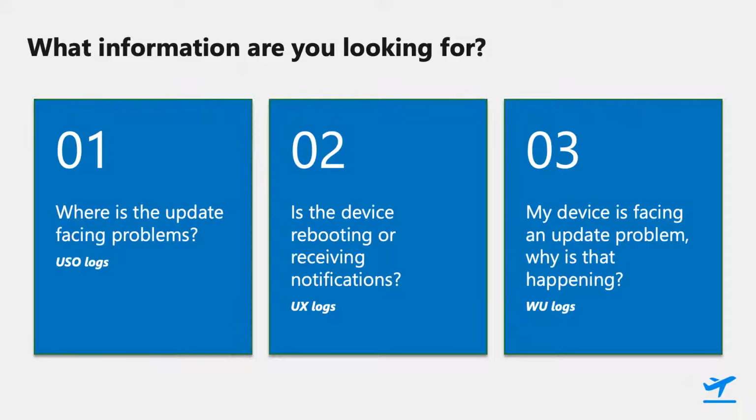These logs can be split into three parts, and we'll be looking at them as such. We have USO, which tells us where the update is facing problems. We have UX, which will tell us if you're facing a reboot or notification related issue. And then finally, we have Woo logs, which tells us why a particular update is causing problems.